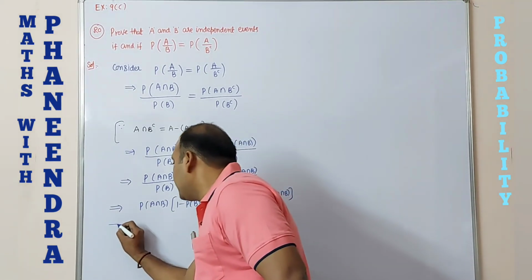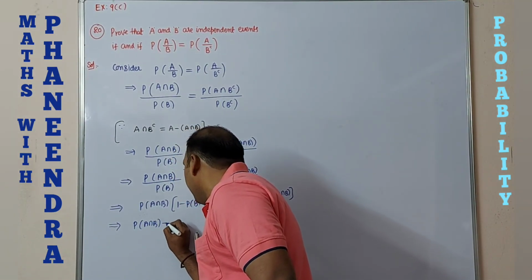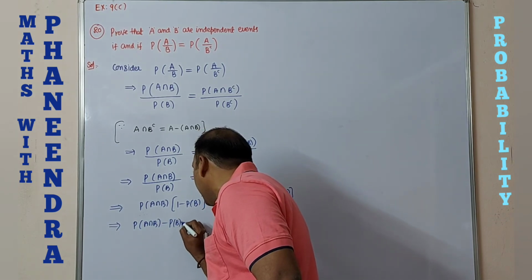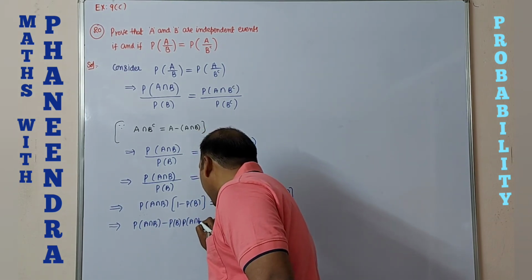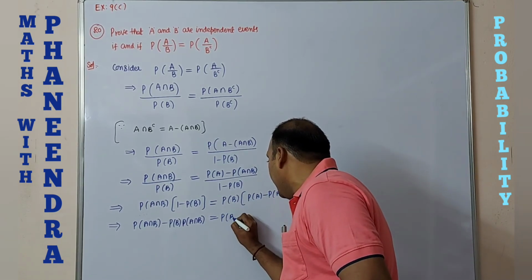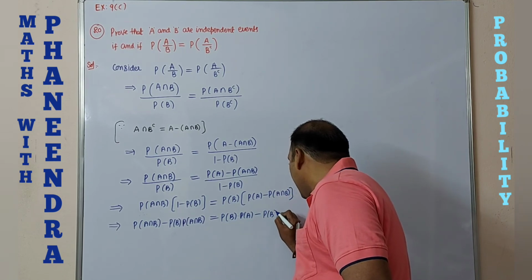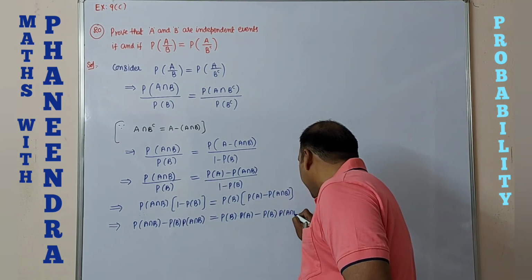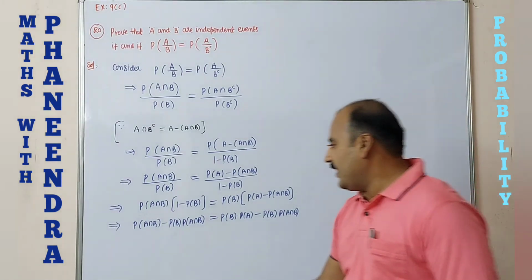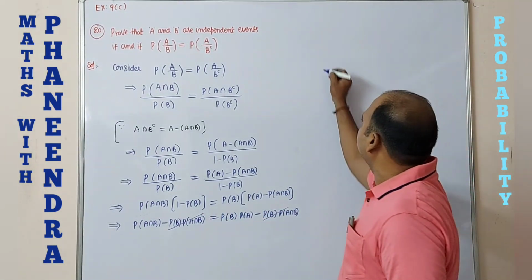So that implies P of A intersection B minus P of B into P of A intersection B is equal to P of B into P of A minus P of B into P of A intersection B. So minus P of B into P of A intersection B on both sides, you have to cancel it.